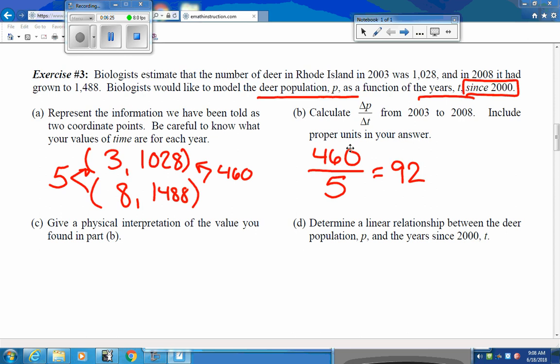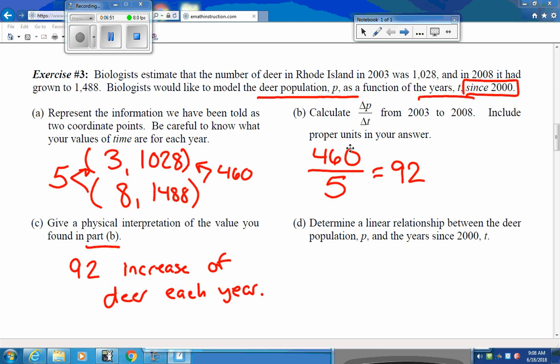Now they want an interpretation of the answer we got in part B. This change is based on two variables, population and time. So 92 represents the increase of deer each year. We're going up by 92 each year.